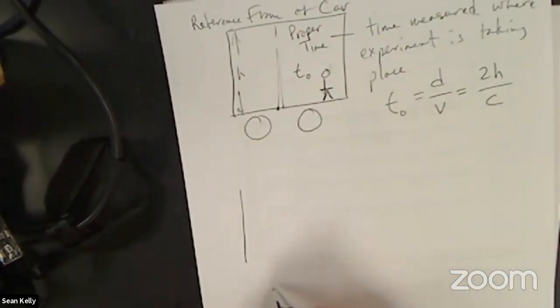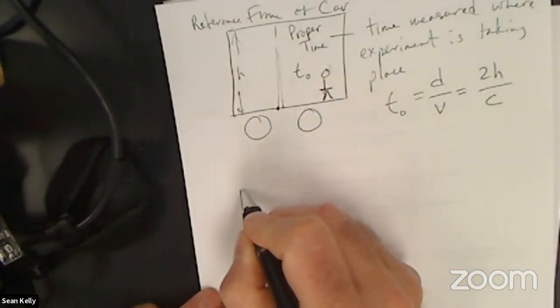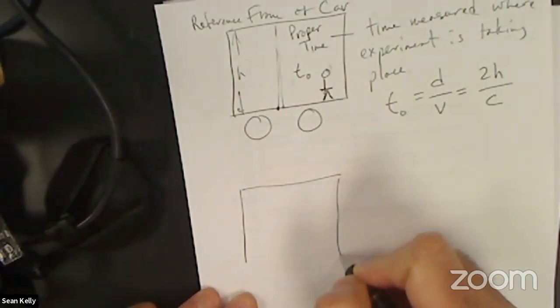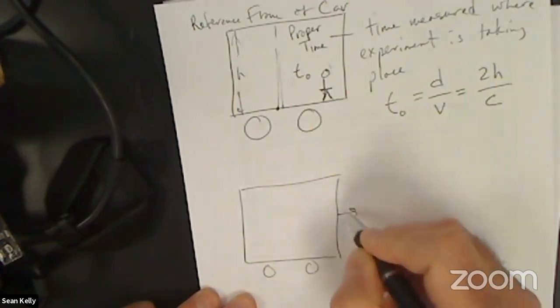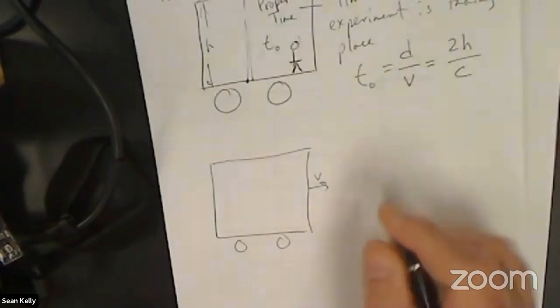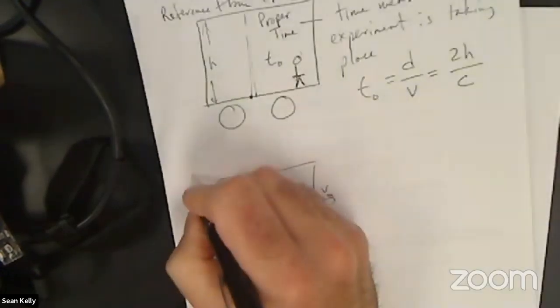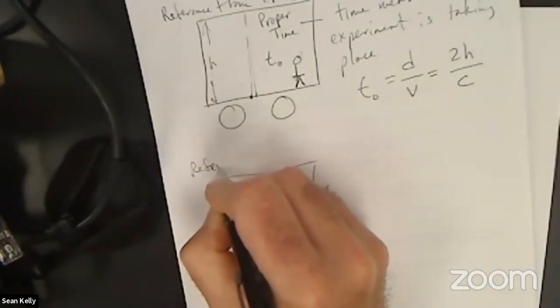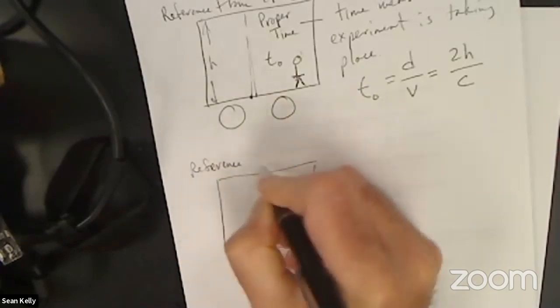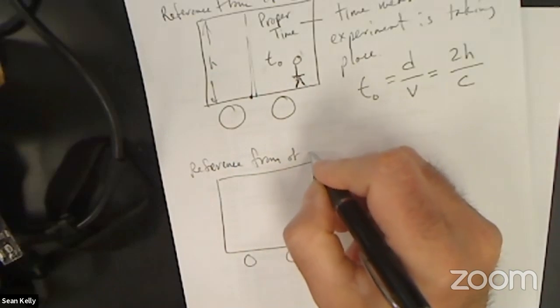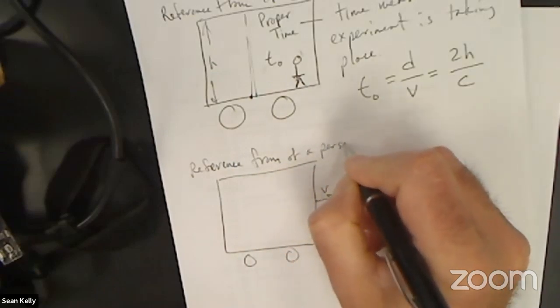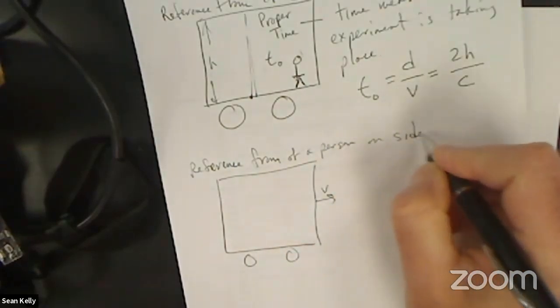But there's another person who's watching the car go by. And they see this train car go by, and they see it moving with a velocity. And this is now going to be the story, the reference frame of a person on the side of the tracks, right?